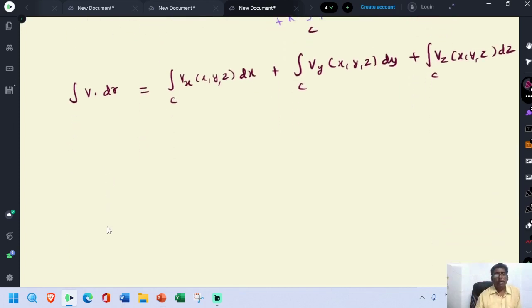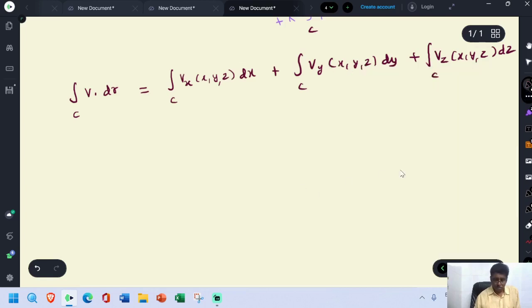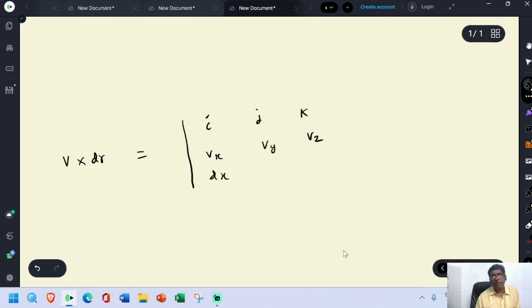Then v cross dr we should know. For that we should take the determinant: v cross dr equal to i j k, vx vy vz, dx dy dz.